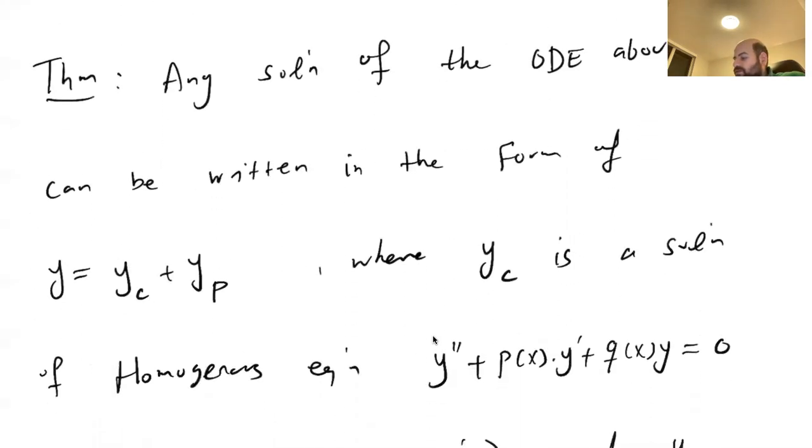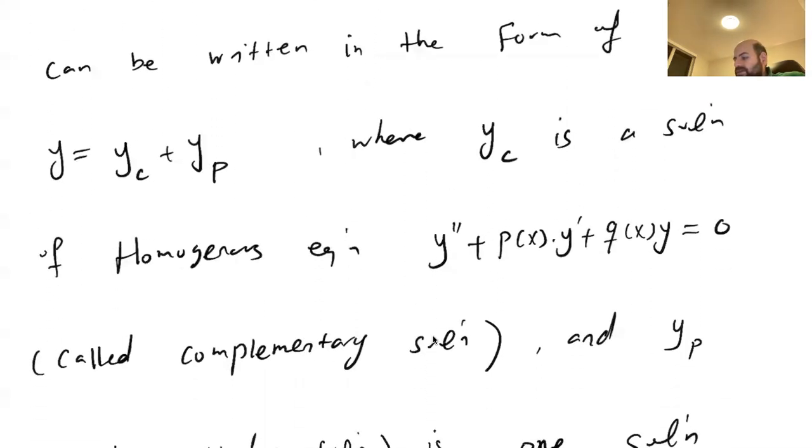How? We just need to add this yp, the particular solution, plus yc, where yc is the solution for the homogeneous equation. And we already saw in the previous parts how we can find the solution for the homogeneous equation.